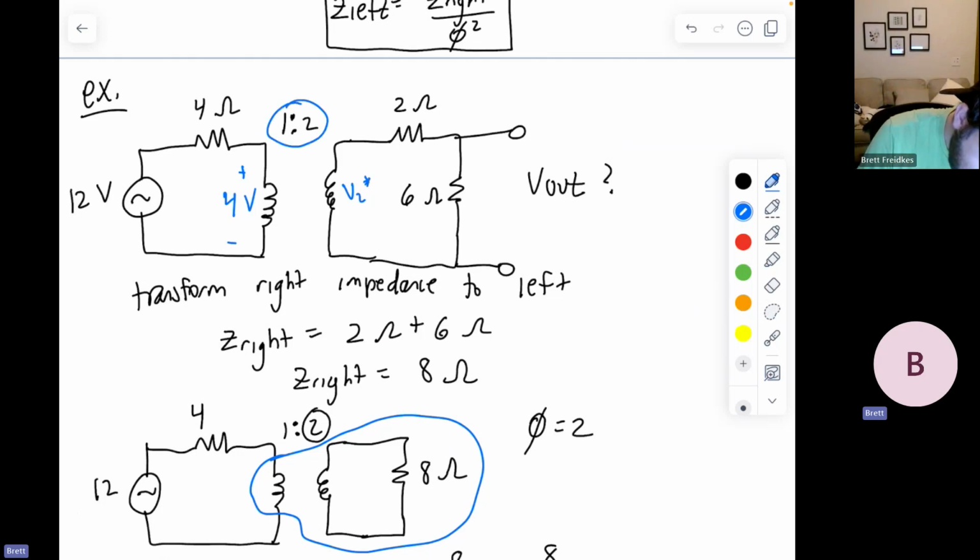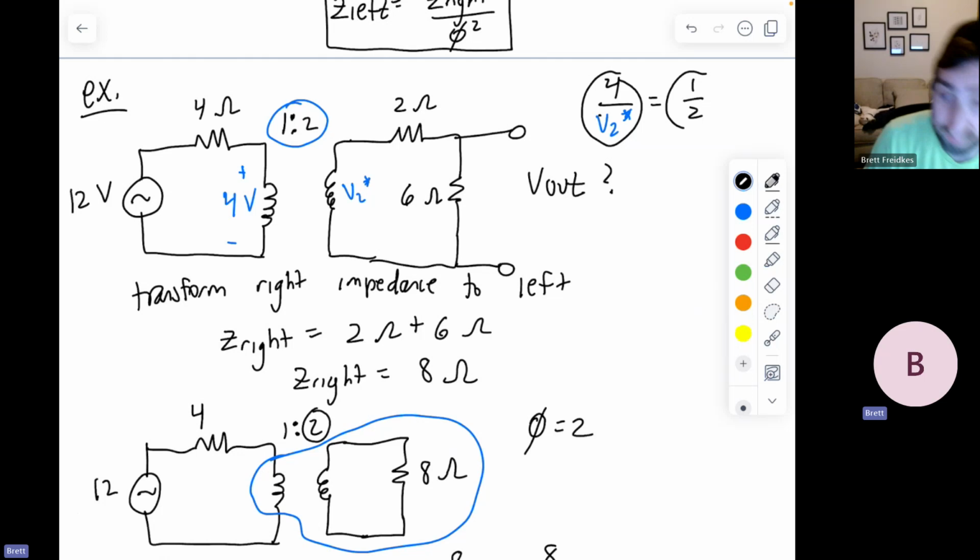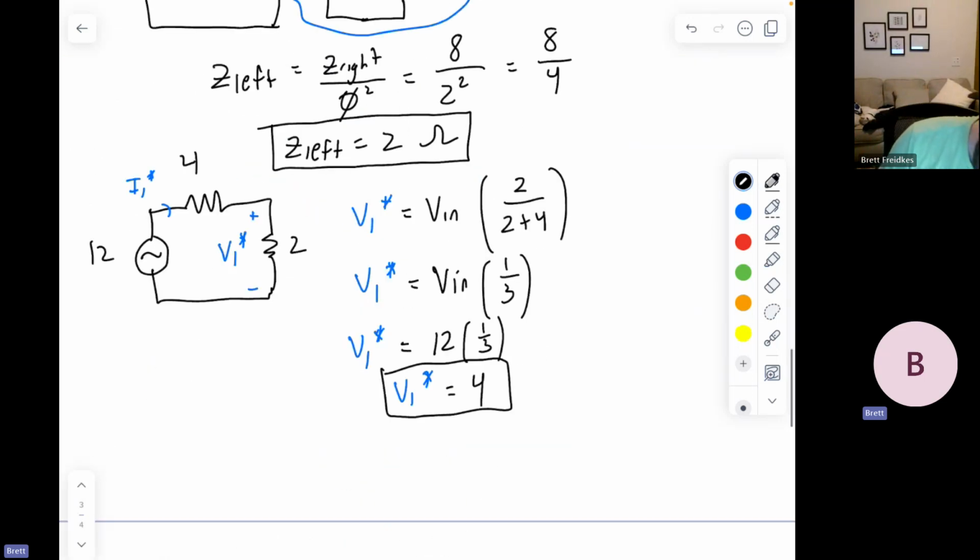Based on this ratio and what we discussed, if the left side is 4, the right side has to be 8. Because if 4 to V2 star is equal to 1 to 2, we see that 4 over V2 star is a half. That means that V2 star has to be 8.